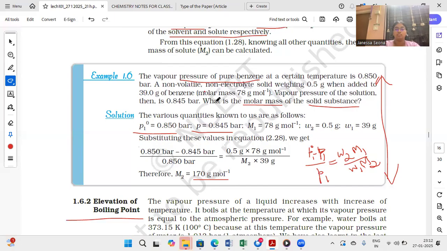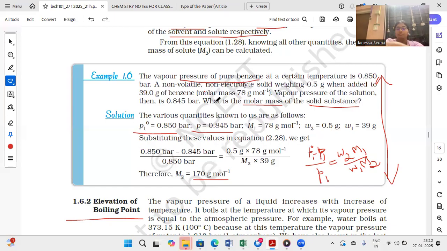So what we have to do is find the molecular weight of solute, the added component. We know W1, we know M1, we know W2. We need to calculate M2, the molecular weight of solute.